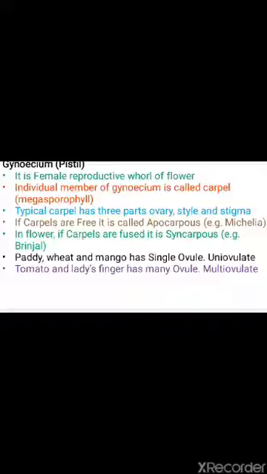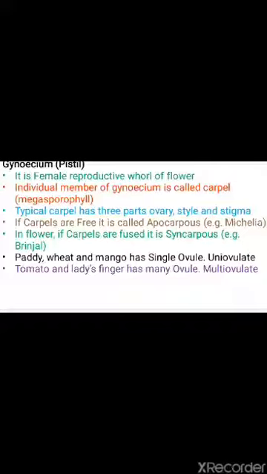If the carpels are fused with each other, then it is called syncarpous. Example, brinjal. And these carpels collectively form the female reproductive part, which is called the gynoecium.